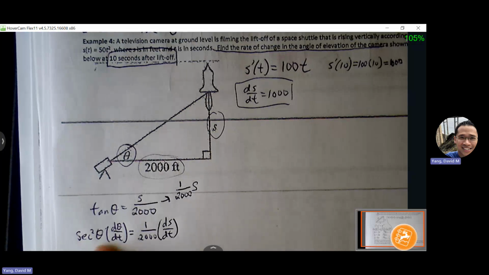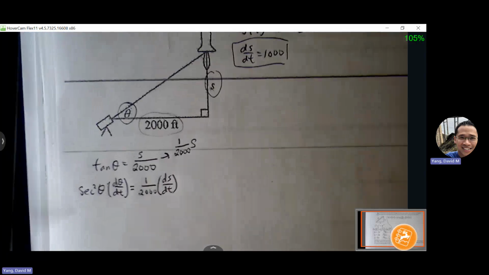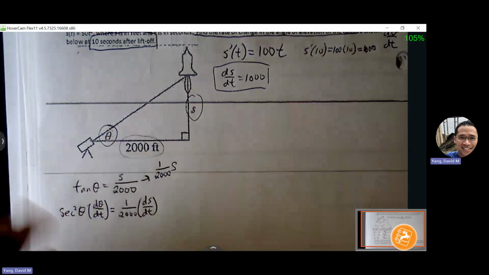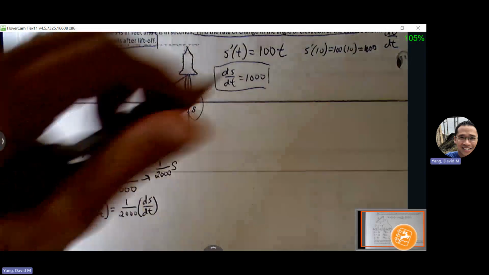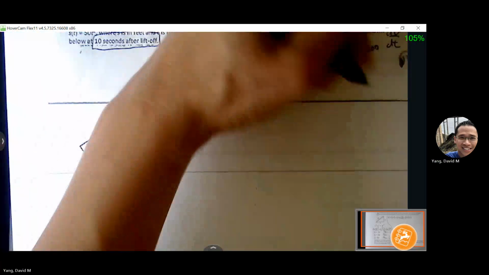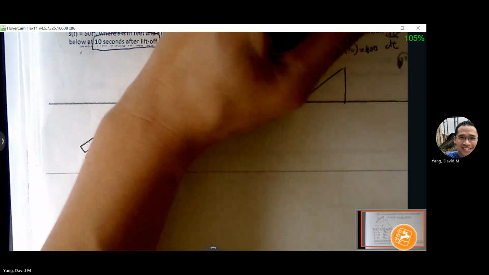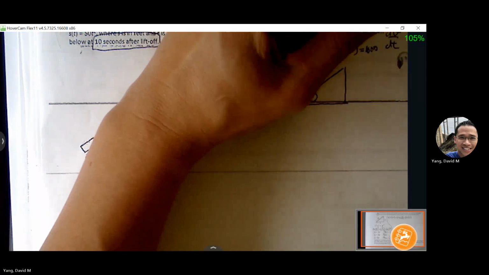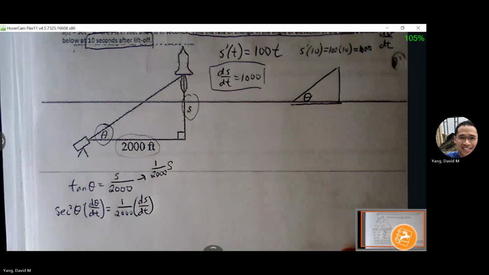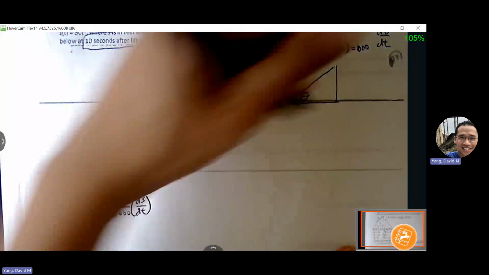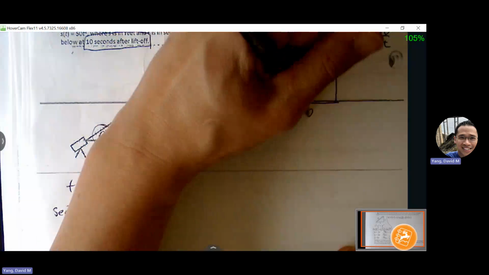We have to figure out what secant of theta is so that we can make that substitution. But again, let's build a second triangle so we can find that ratio, right? So let's fill out the triangle here. We know this is 2,000.